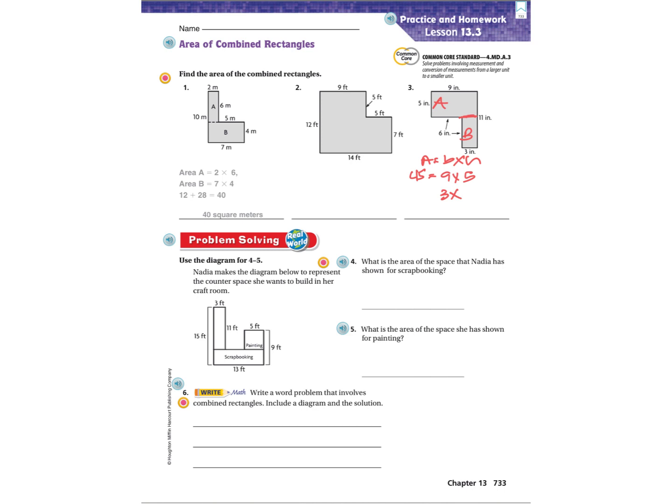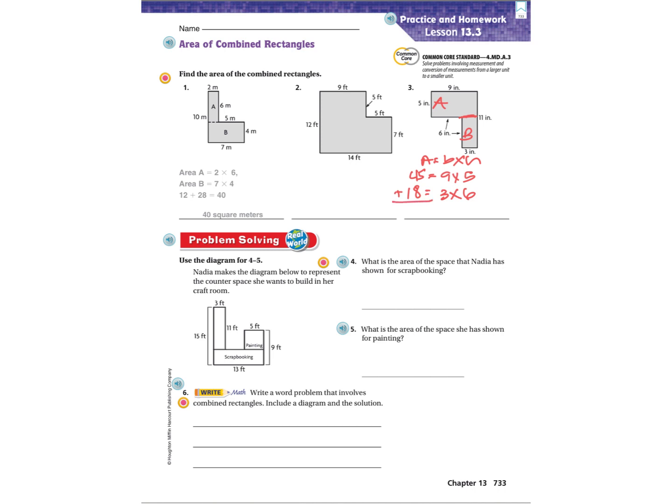I'm just doing rectangle B. 6. It is going to be 6. So 3 times 6 equals 18.